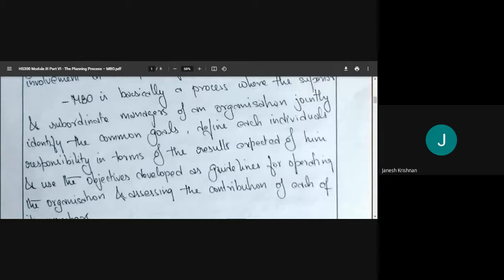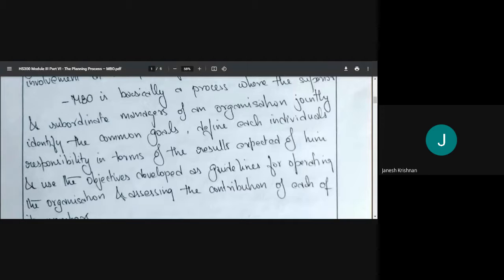If you are asked to produce 10 units and you produce 10 units, then your responsibility is over.